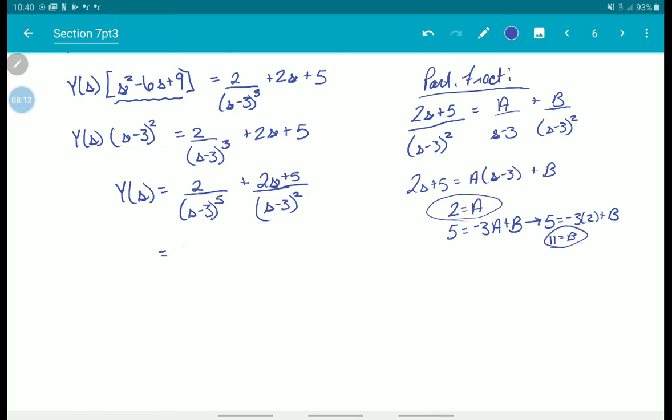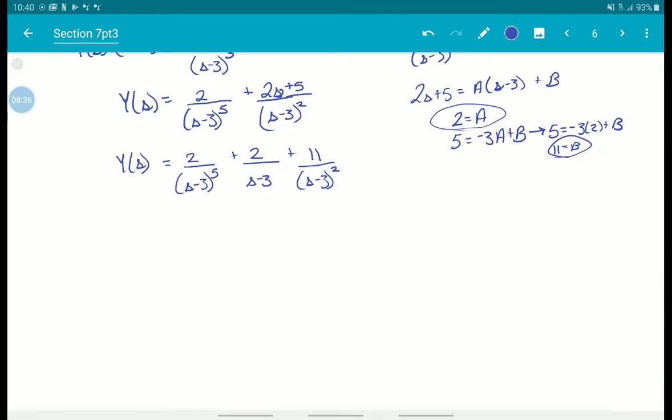So this right-hand side, we can rewrite this second term as 2 over s minus 3 plus 11 over s minus 3 quantity squared. So there we are.